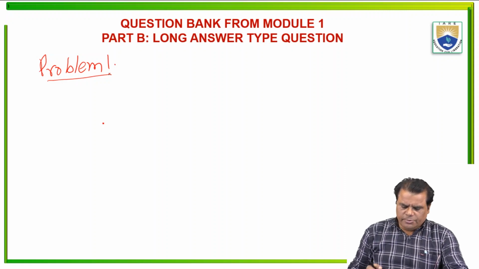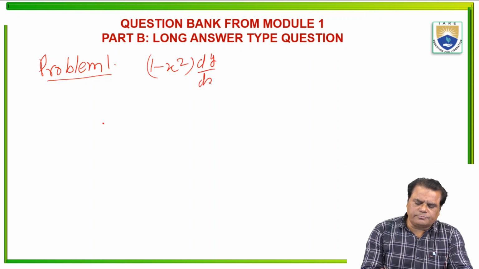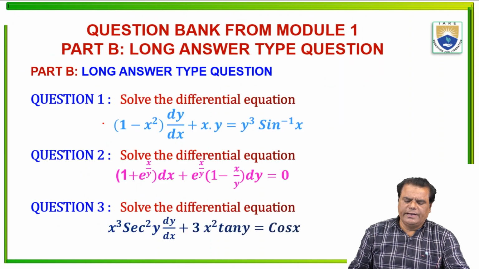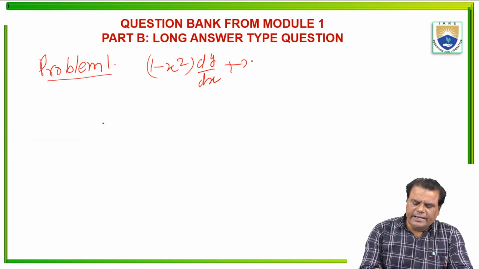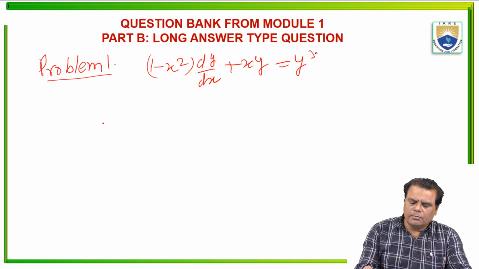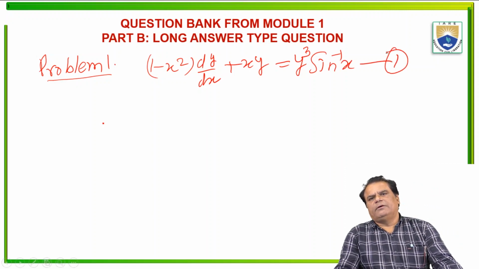Problem 1 is (1 minus x square) dy over dx plus xy equal to y cube sin inverse x. This is the problem.